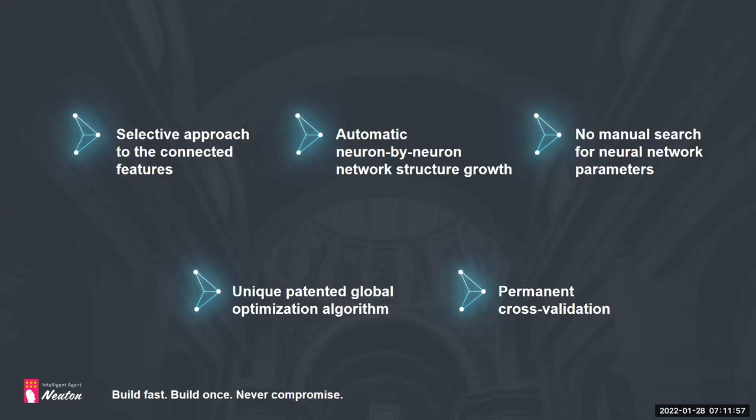Starting from the first neuron, it will be created neuron by neuron. This is why it is so small. And in each step, we have a permanent cross-validation of the model quality. This is why finally we have not only very small size, but also great quality.